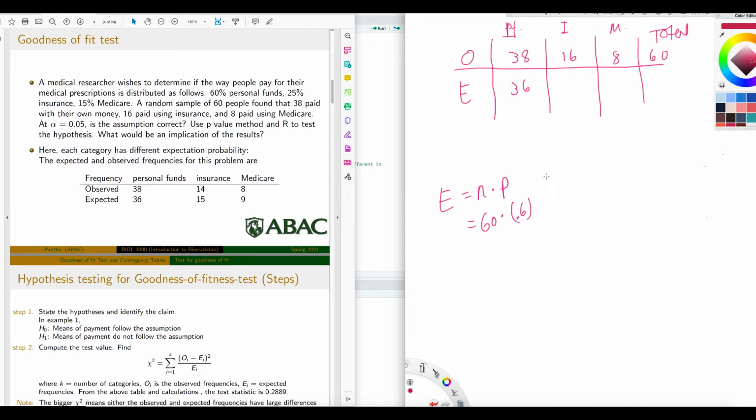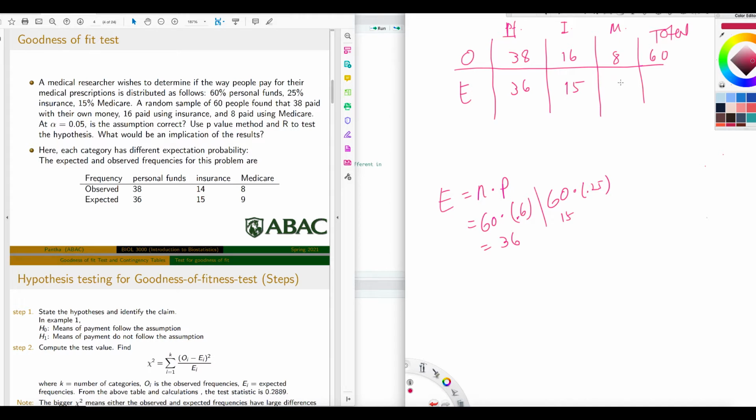Similarly, for the second one, insurance is 25%, so 60 times 0.25. Here you will get 15. This will be 15.